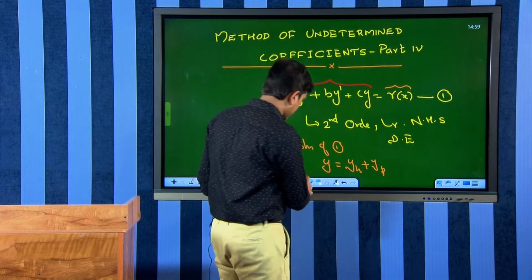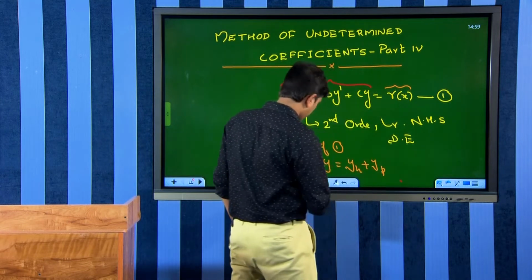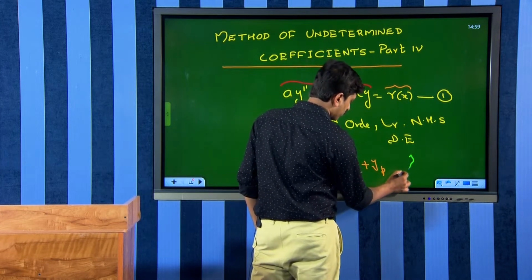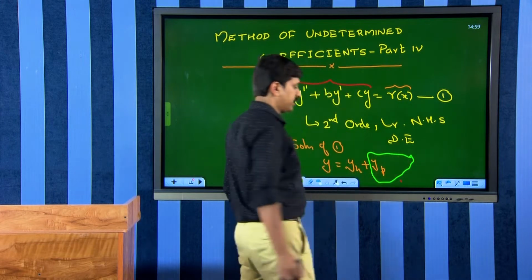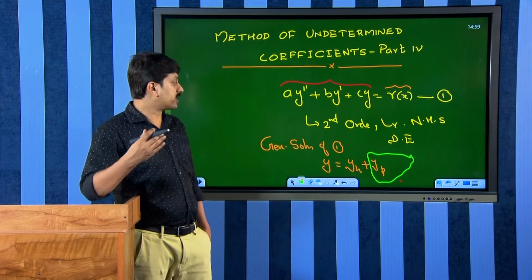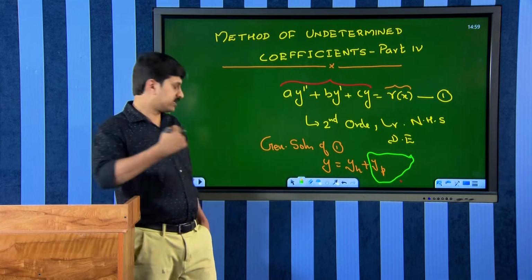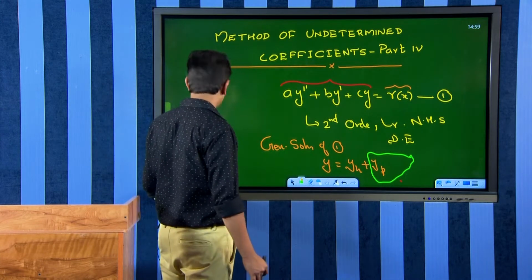Based on r of x, we can have a particular solution yp. There are 9 choices for yp, and we already discussed 6 of them.